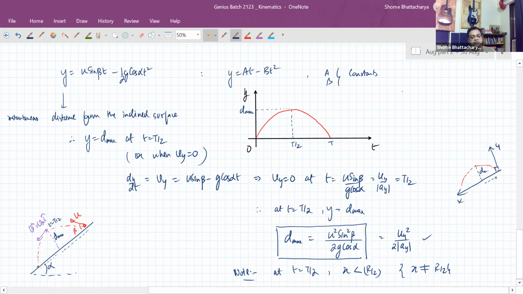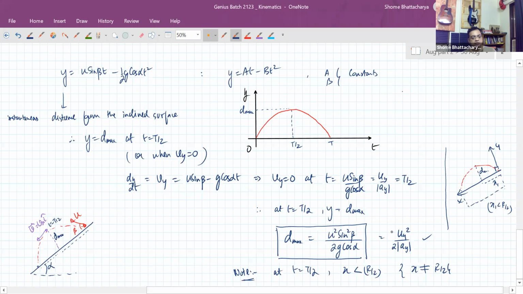So this distance from here to here is suppose x1. That x1 at that time is less than r by 2. The shape of this is somehow not symmetrical with respect to the x and y axes. This is an important point also.